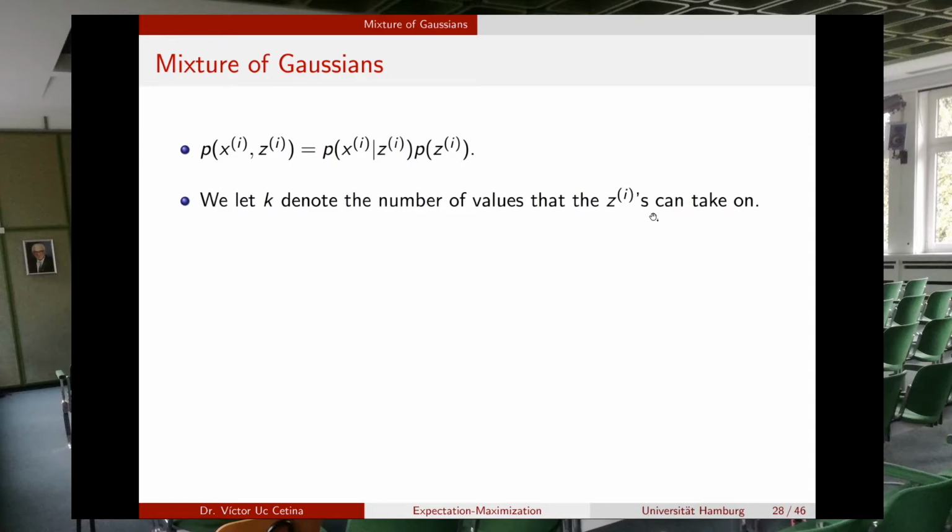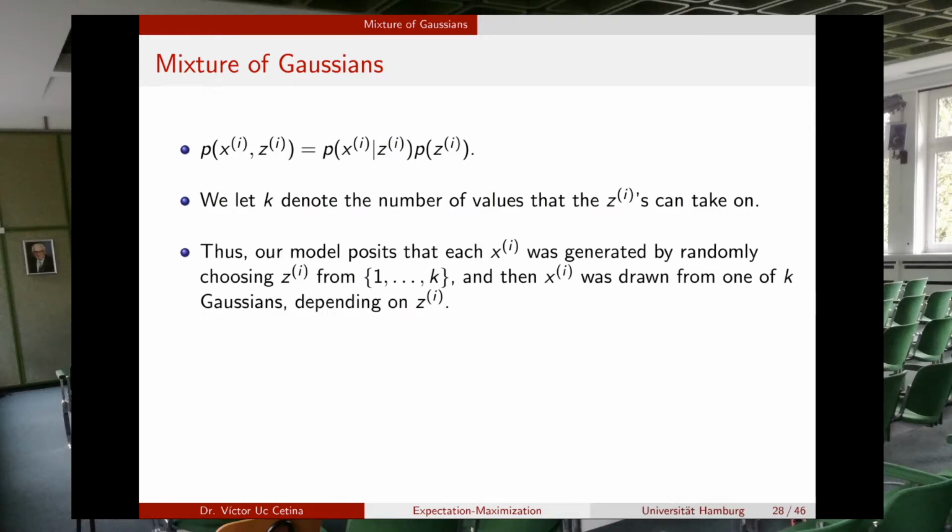So all the possible clusters that we will consider, k clusters. Thus our model posits that each x was generated by randomly choosing zi from the set of possible clusters from 1 to k, and then the x was drawn from one of k Gaussians depending on the value of z.